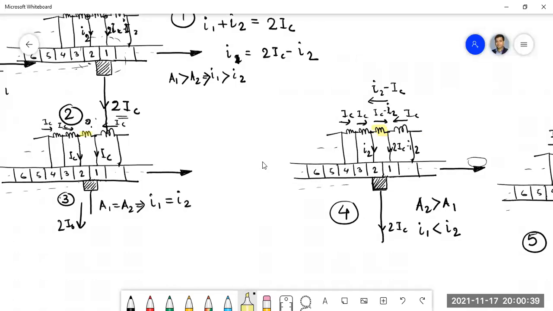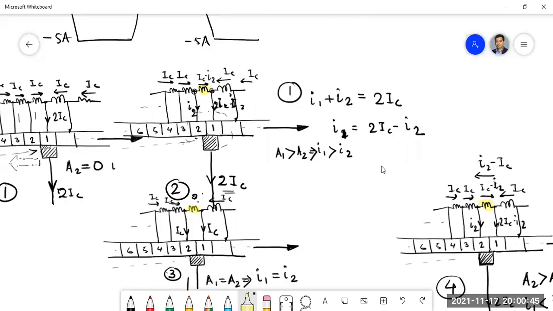Previously the current was left to right, then after some instant it becomes zero, then it becomes right to left.